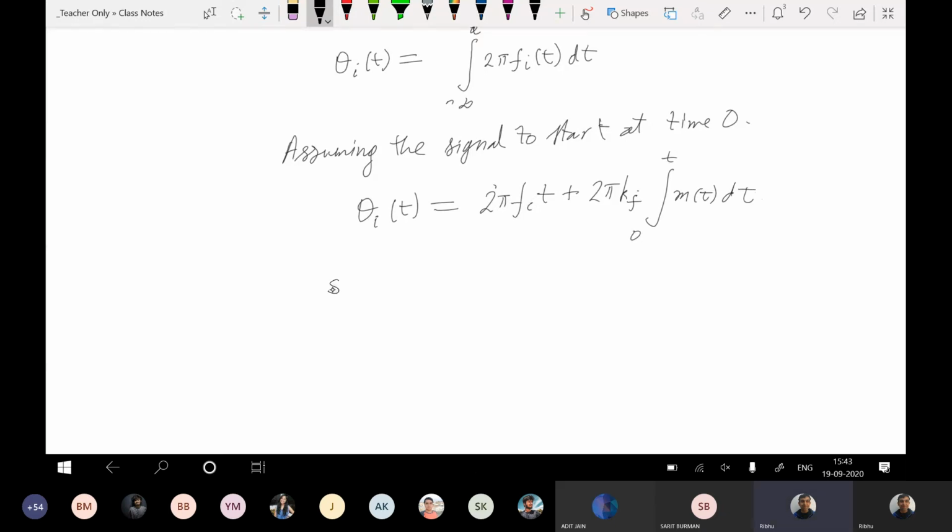And the modulated signal becomes A_c cos of 2 pi f_c t plus 2 pi k_f integral 0 to t of m(tau) d tau.